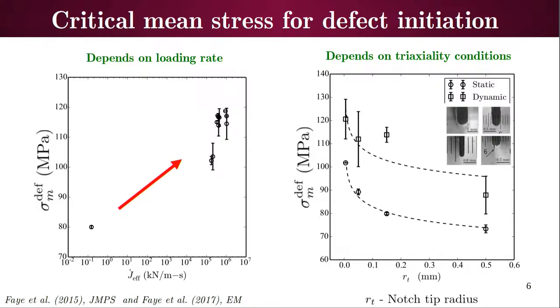And again, when we did similar experiments, we found that this mean stress also depends upon what kind of notch radius you have. So it depends upon the trajectory, what is there ahead of the crack. So now we found that the mean stress depends upon the loading and upon the trajectory conditions ahead of the crack. So this is one place where void growth is important, and we have looked at it.